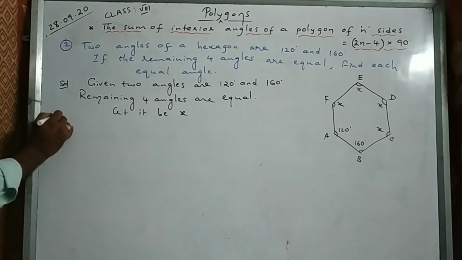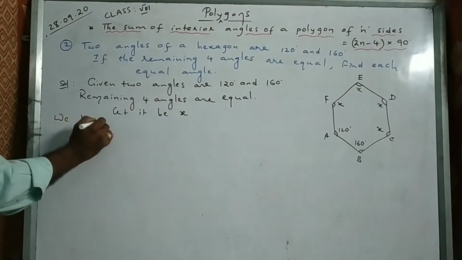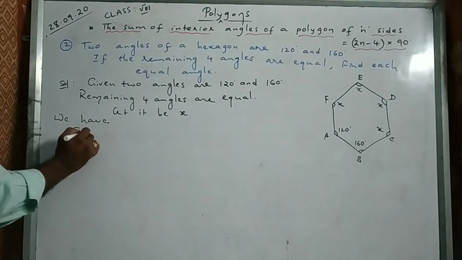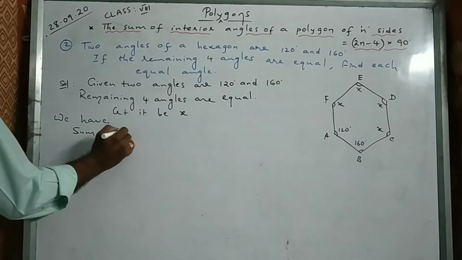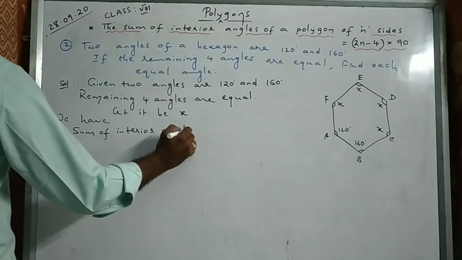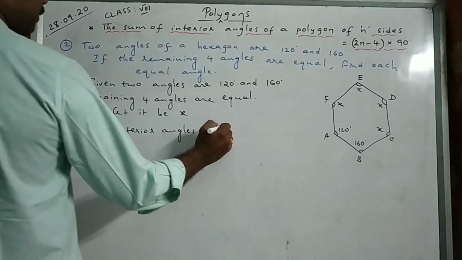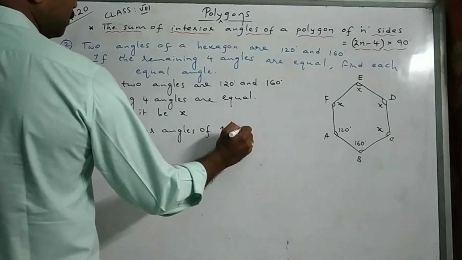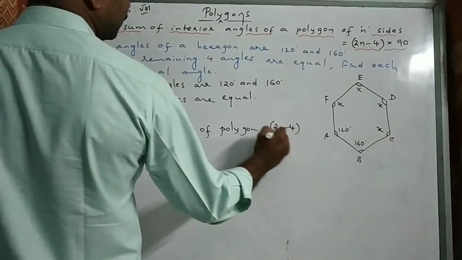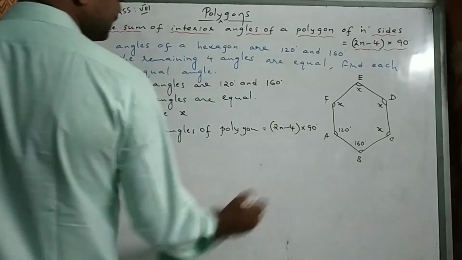Okay, we have the sum of interior angles of a polygon equal to (2n minus 4) into 90 degrees.